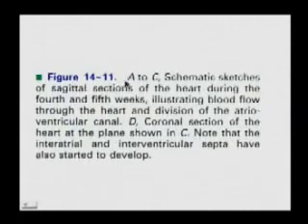So figure 14.11, A through C, these are schematic sketches of sagittal sections of the heart during the 4th and 5th weeks, illustrating the blood flow through the heart and the division of the atrioventricular canal. Panel D will be a coronal section of the heart at the plane shown in panel C, and we want to note that the interatrial and the interventricular septa have also started to develop.